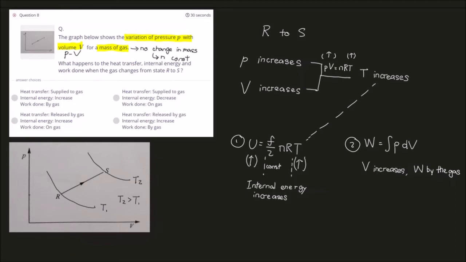If it decreases, then it will be work done on the gas. This is what you probably learn from a lecture note. For this case, our volume is increasing, so we can conclude that there will be work done by the gas.